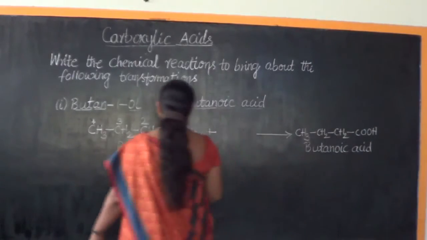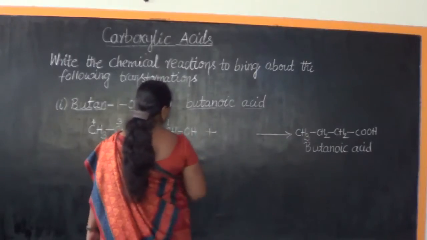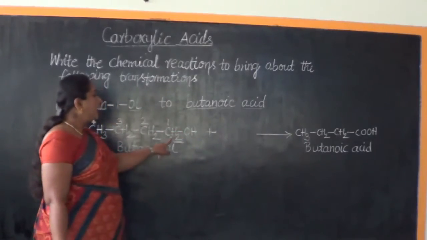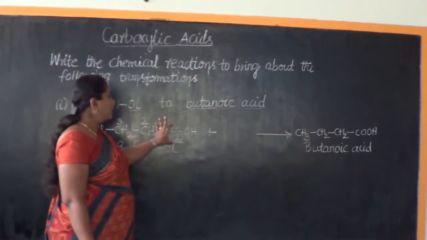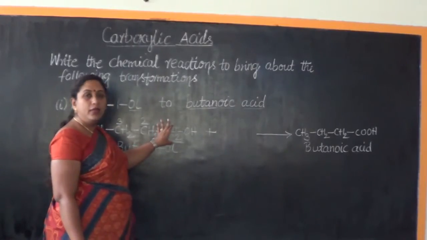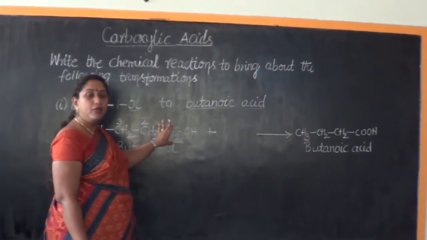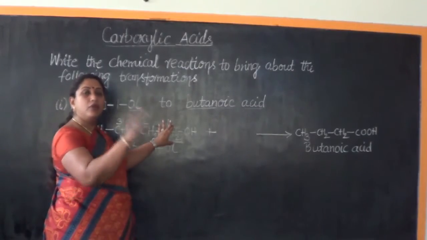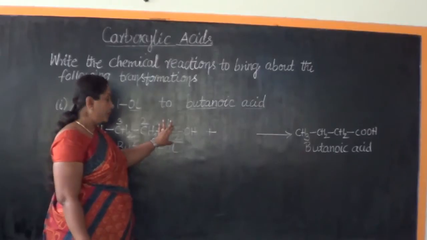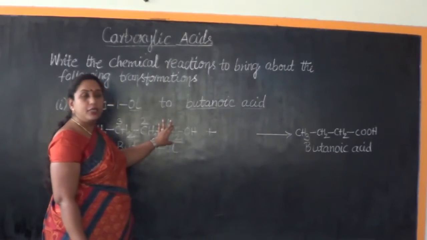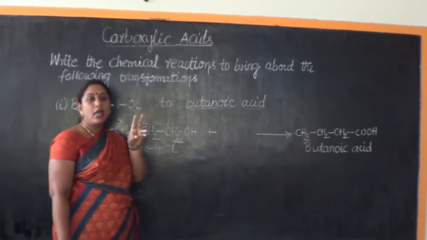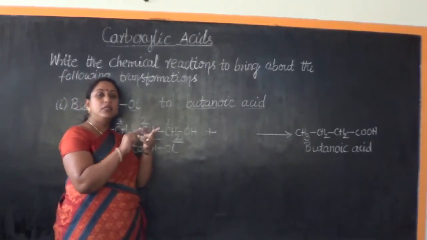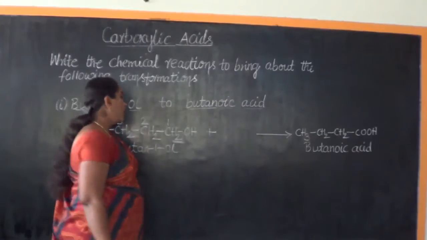The removal point is we need to remove these 2 hydrogens and in that place we need to add an oxygen. Now how to remove this dihydrogen? It can be removed provided we give an oxygen to it, it will go out as water. That means we need to subject it to the process of oxidation. Here 2 steps of oxidation are happening. One is removal of hydrogen, one more is addition of oxygen.